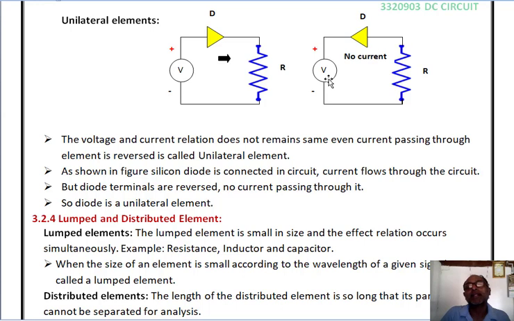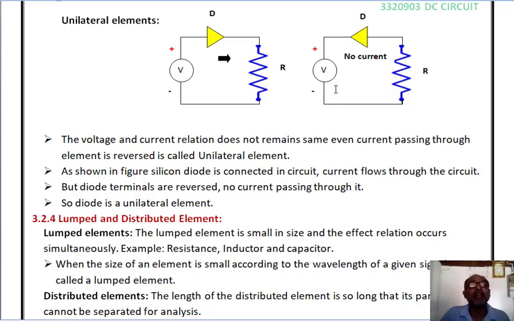But in this case, if it is reverse bias, that means this diode acts as an open circuit. That means no current flows through this circuit. So here you can say that the current passing through these elements is changed. Here current flows through the resistance. In this case there is no current flow through this element.